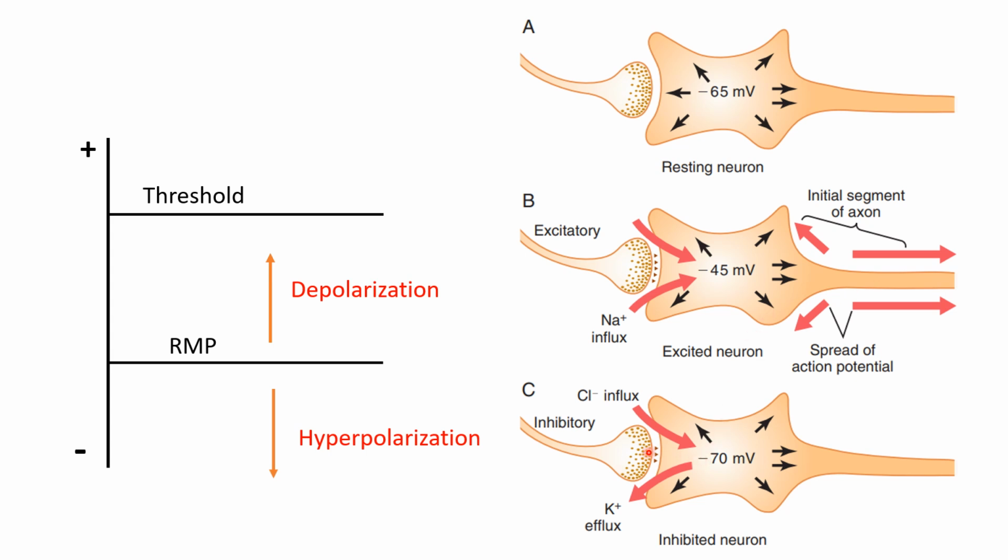On the other hand, an inhibitory signal, either by increasing the influx of chloride or the efflux of potassium, results in hyperpolarization. Now the membrane potential is minus 70. This neuron is inhibited, no action potential will be transmitted.